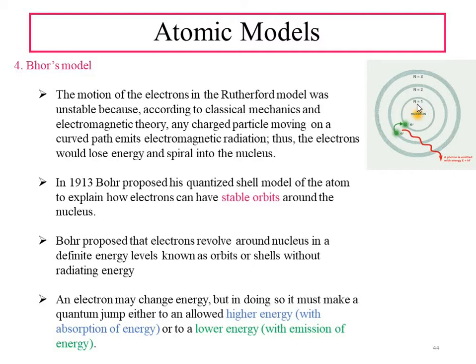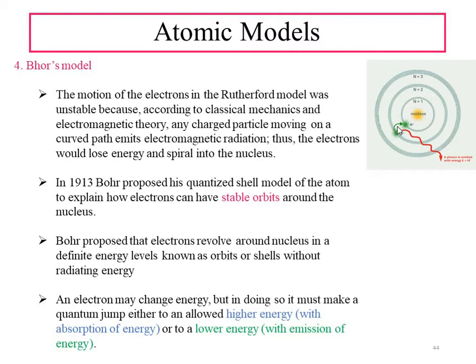Why is it known as a quantized shell? Because these orbitals have a specific amount of energy, like N1, N2, N3. If an electron has this much energy, it will lie in this shell. If it has more energy, it will go to the next shell, and with more, to the higher outer shell, or the valence shell. That's what he explained.